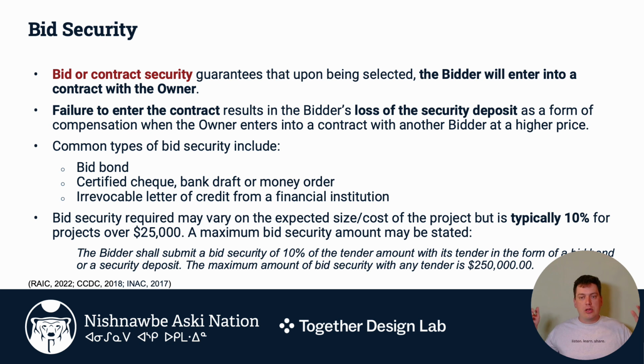However, at a larger scale project, at $5 million, for example, 10% is $500,000. That's a significant amount of money. And instead, what you would move to in that case is a bid bond. And a bid bond introduces a kind of third party, an insurance company, where the potential bidder would approach a bid surety agency, and those agencies in Canada are all licensed.